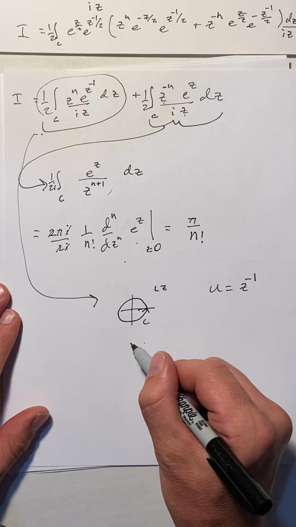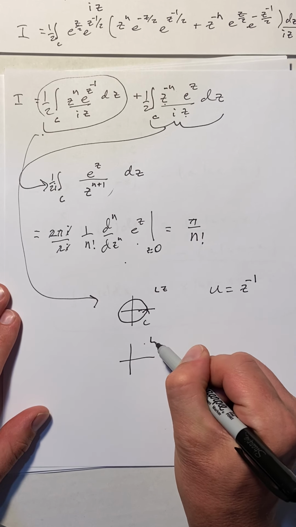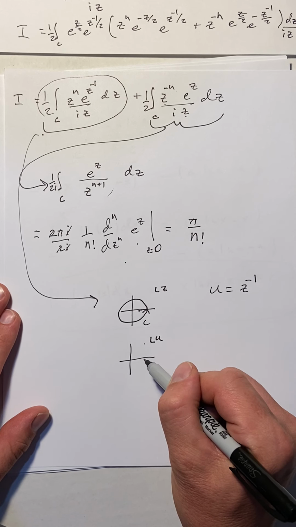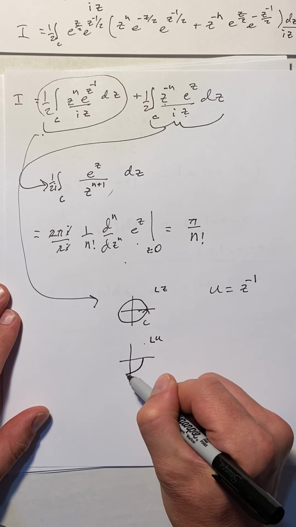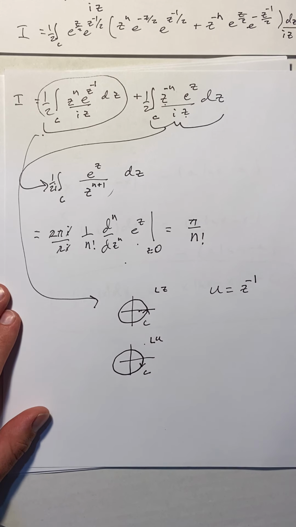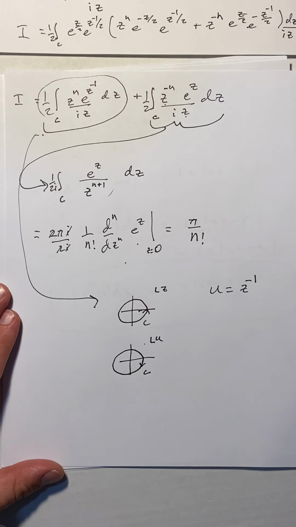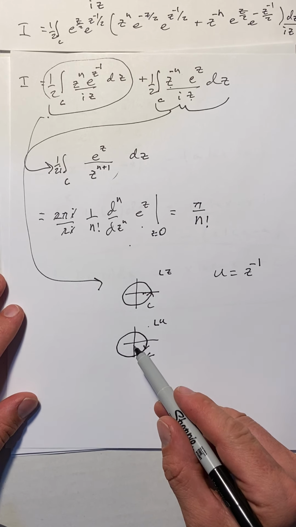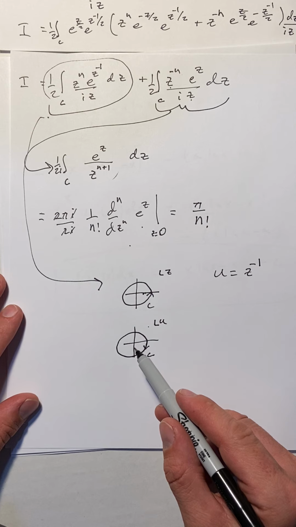In the complex u-plane, the circle will also be a unit circle, but the contour is now traversed backwards. Now there is no pole enclosed at u equals 0.